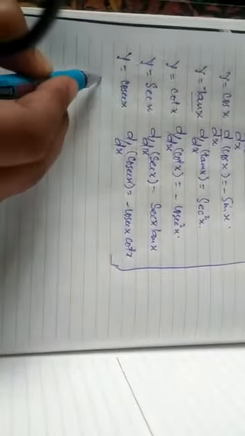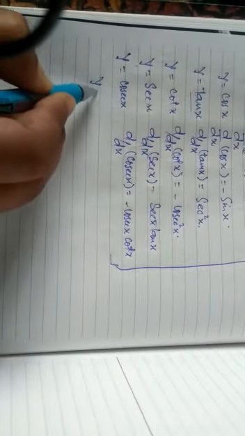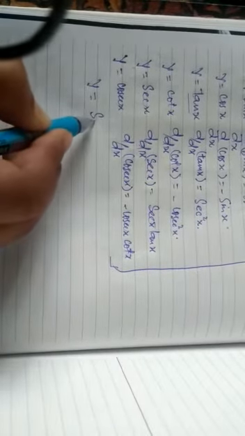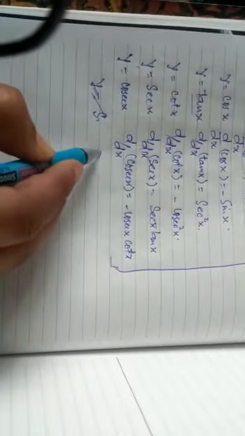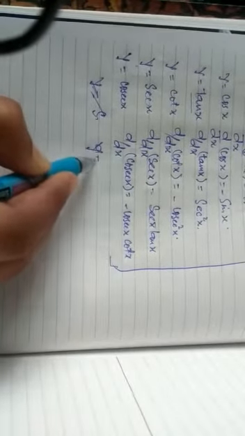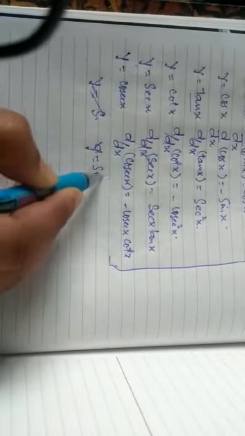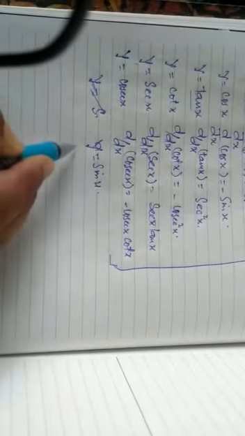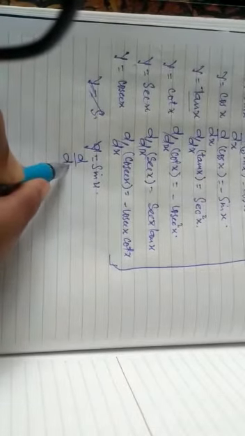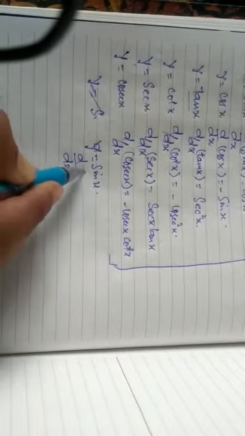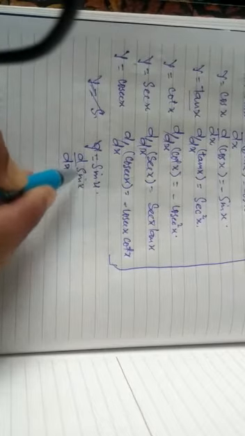Likewise, if we have y equals sine of 2x, first you have to remember, if we have a function like this, y equals sine of u, then its differentiation according to the formula d by dx of sine of u.